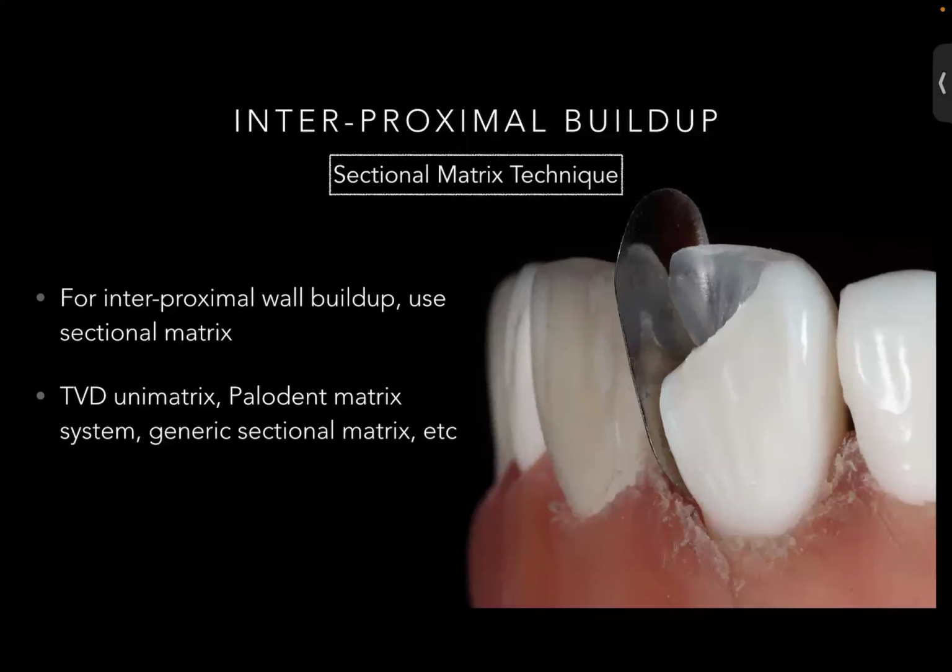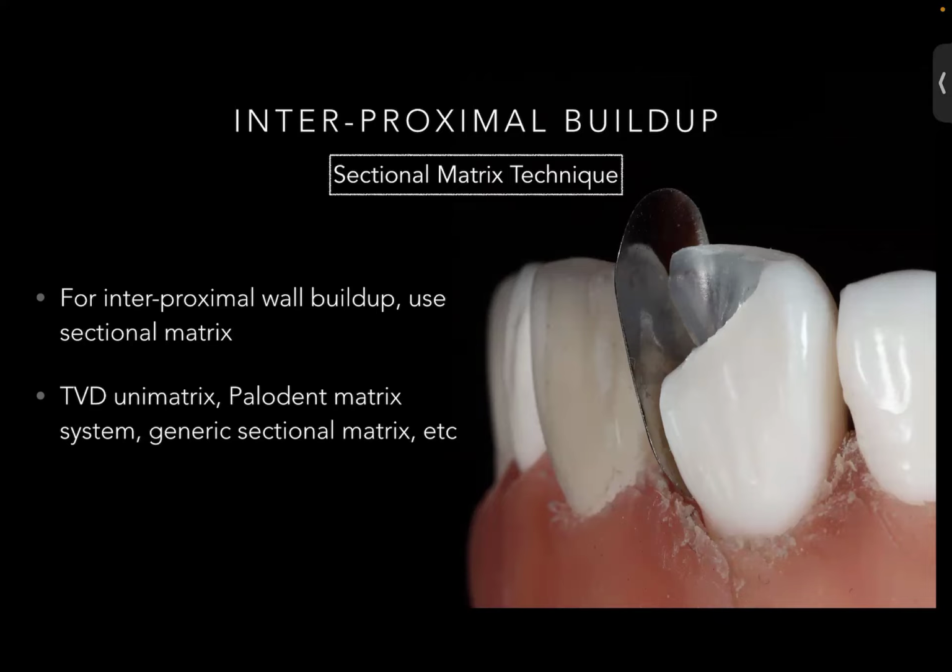Going ahead, let's make the interproximal wall. You know, a lot of people, what they do is they do the dentine layer first and then they go ahead with the proximal wall. But I prefer this way. But obviously, again, experiment and see whatever you find more suitable for yourself. So there are again two methods of making the interproximal wall.